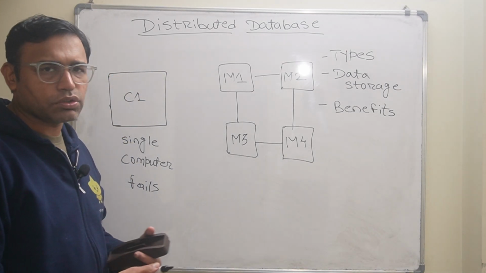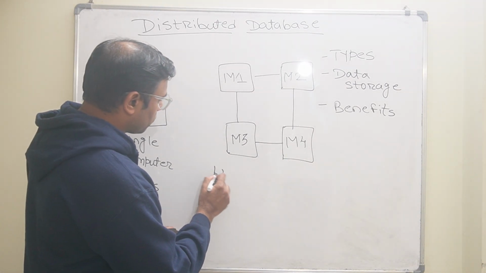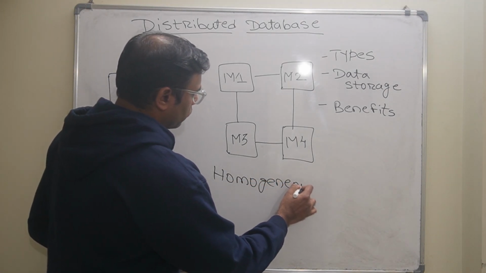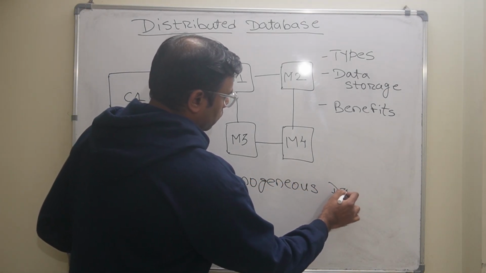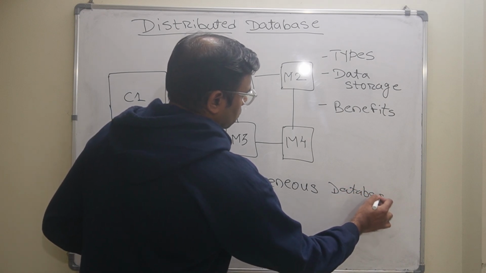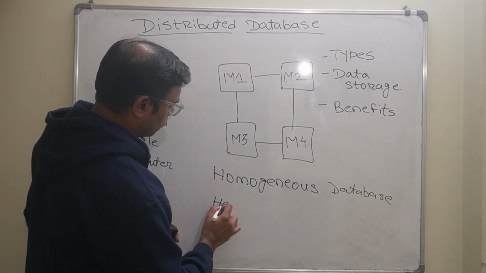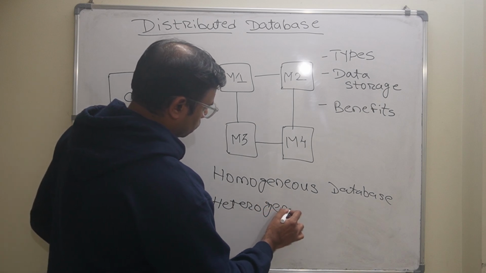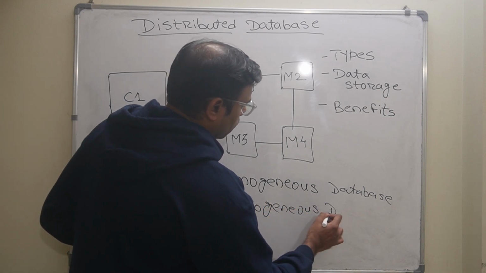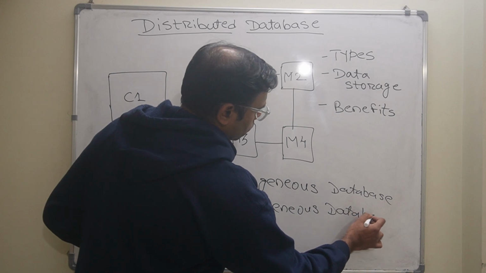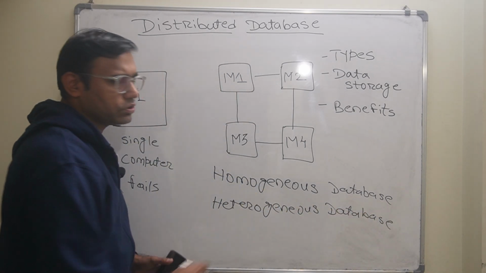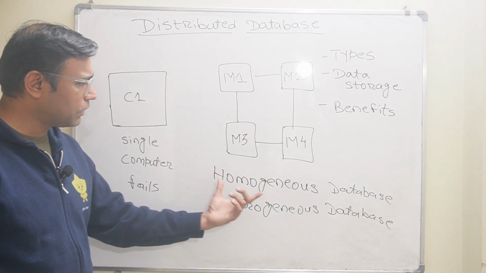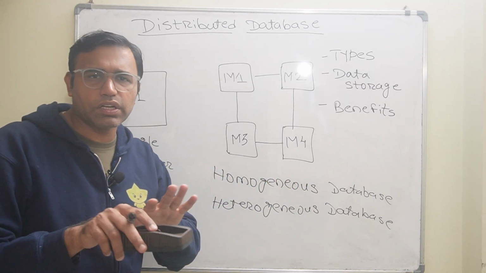Now there are two types of distributed database. First one is homogeneous database, and second one is heterogeneous database. Now homogeneous database means complete data is evenly distributed.